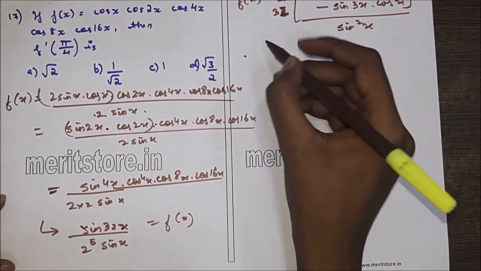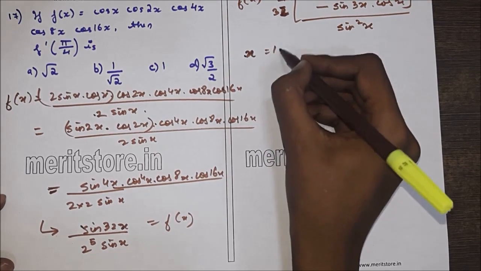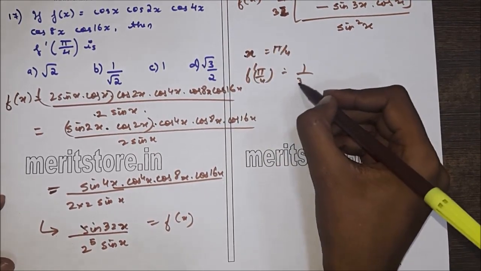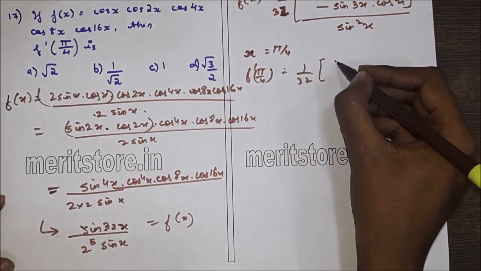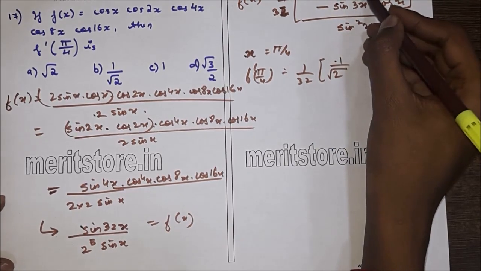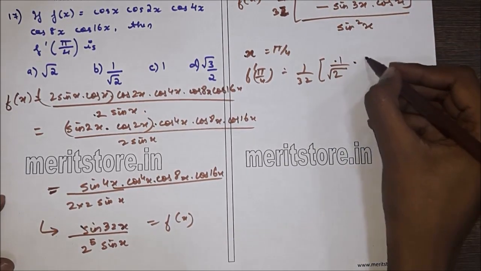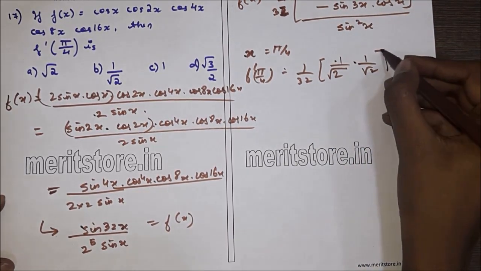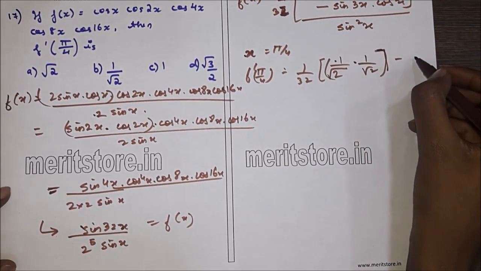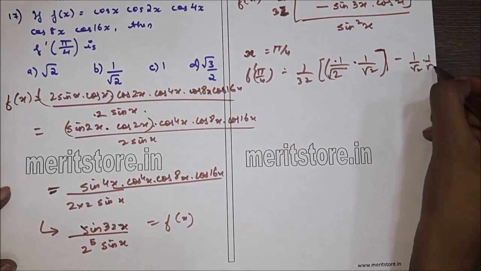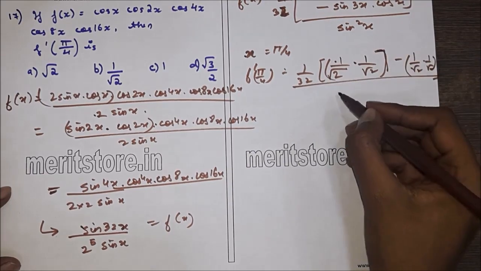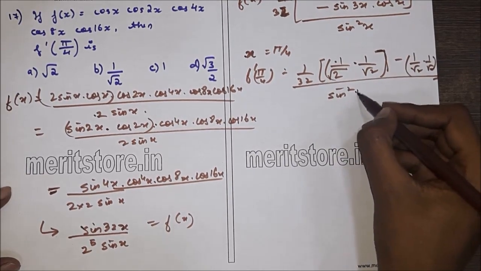So now we substitute the value of x, which is pi by 4. So f dash of pi by 4 is 1 by 32, sin pi by 4 is 1 by root 2, sin 32 times pi by 4 is again 1 by root 2, minus, again these terms are 1 by root 2, so this is 1 by root 2 into 1 by root 2, divided by sin square pi by 4.